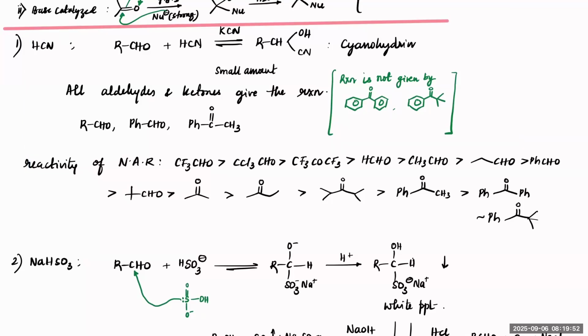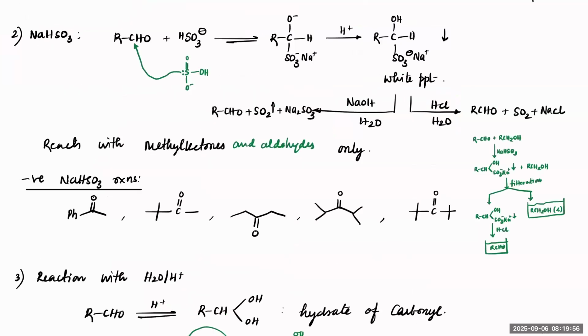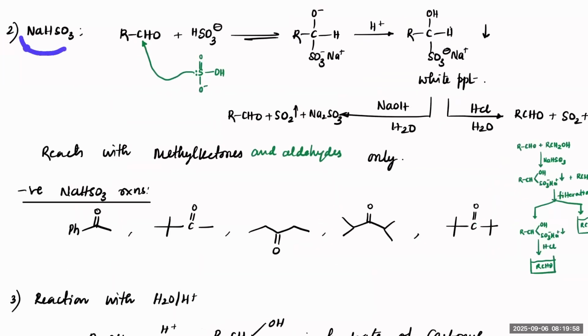Next, the second one, NaHSO3, sodium bisulfite. Sodium bisulfite has this particular structure, SO3H, with sulfur having a lone pair. Sulfur's lone pair is much more reactive as a nucleophile compared to oxygen, because oxygen is smaller in size and, because of its electronegativity, holds electrons more strongly, while sulfur can donate more easily.